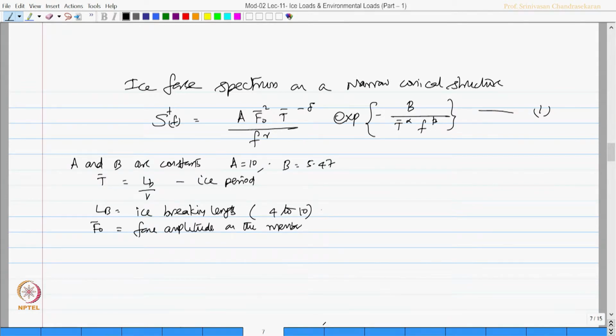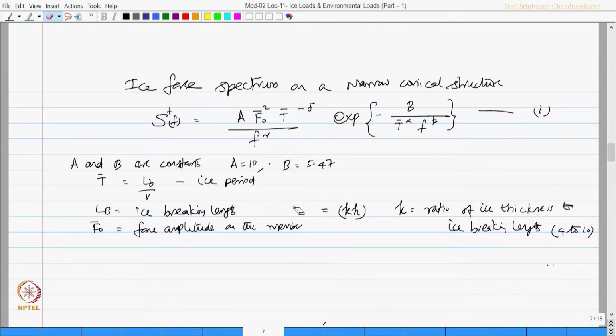The ice breaking length is given by K into H, where K is the ratio of ice thickness to ice length, where this lies between 4 to 10, not this value. F is the frequency, which is the variable in the spectrum, and V is the ice velocity.